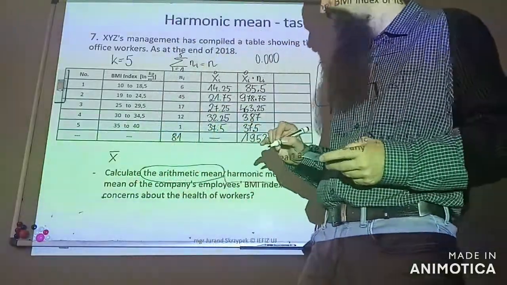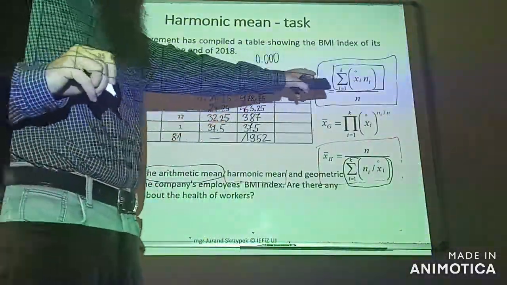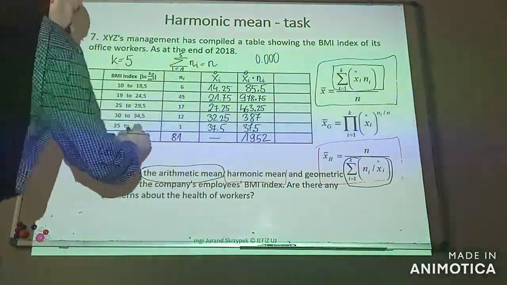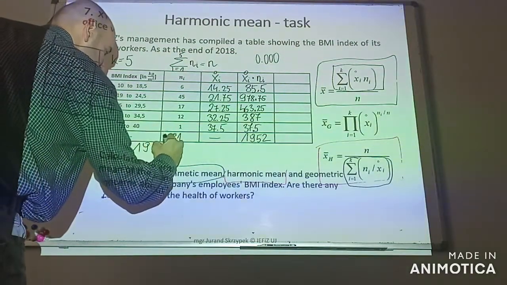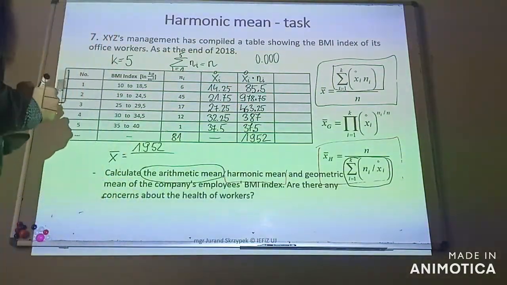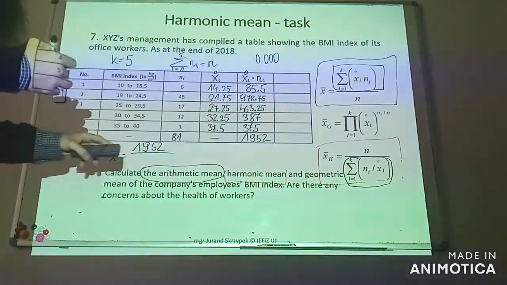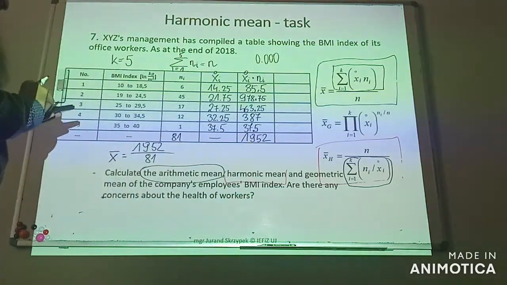Arithmetic mean will be the sum that we have computed earlier, 1952.75, divided by n, the population size. The population size is 81.